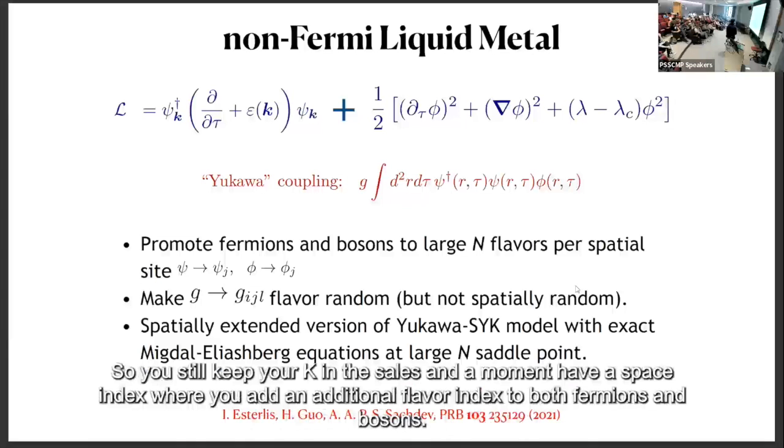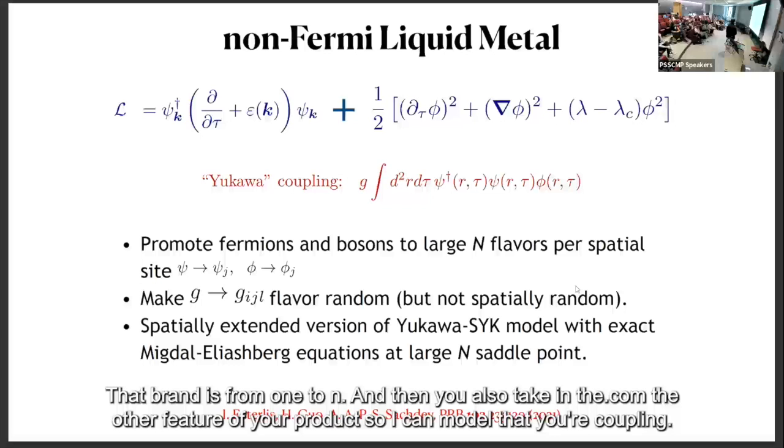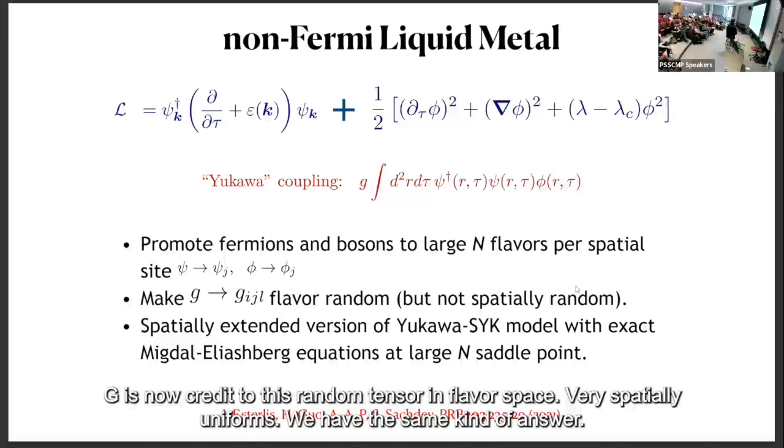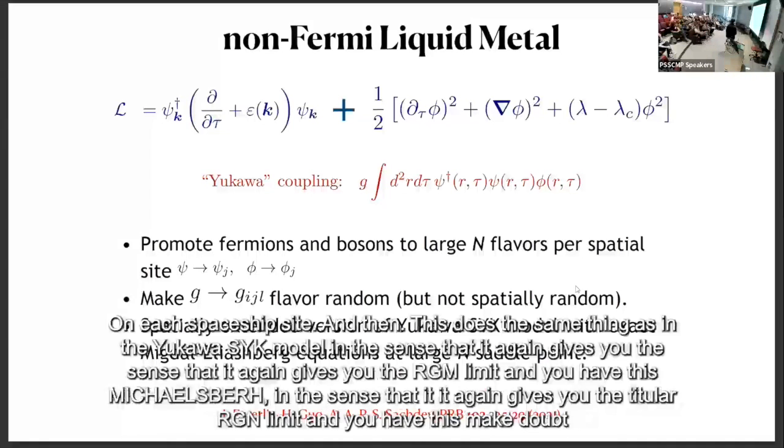So you still keep your k indices and momentum and space index, but you add an additional flavor index to both fermions and bosons that ranges from 1 to n. And then you also take into account the other feature of the Yukawa SYK model, that your coupling G is now upgraded to this random tensor in flavor space, but it's spatially uniform. So you have the same random tensor on each spatial site.